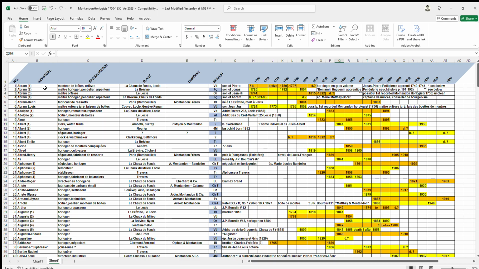If we're discussing Abram 3, who was master goldsmith, maître orfèvre, or are we speaking of Abram 4, who was maître horloger, bandolier, carpenter, etc.? And so this does help us differentiate which Abram we're speaking of. And this holds true for the entire list when we have multiples of a certain name.